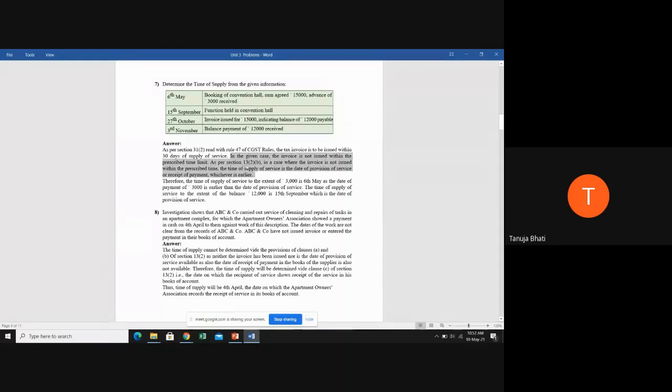Therefore, as per section 13 subsection 2 clause B, where the invoice is not issued within the prescribed time, the time of supply of service is the date of provision of service or the receipt of payment, whichever is earlier. Therefore, the time of supply of service to the extent of 3,000 is 6th May, as the date of payment of 3,000 is earlier than the date of provision of service. And the time of supply of service to the extent of the balance 12,000 is 15th September, which is the date of provision of service. So now let me take you back to the provision.